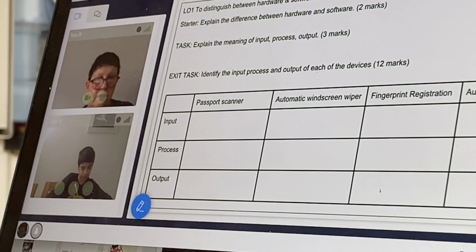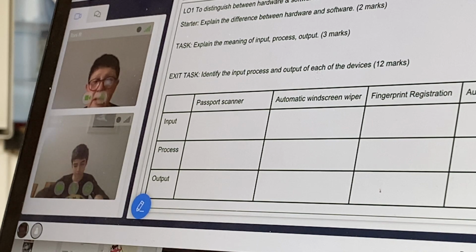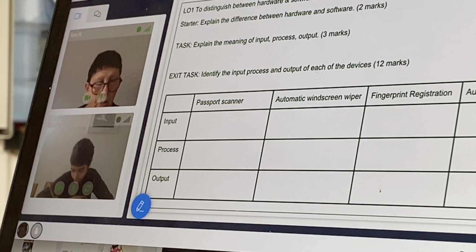Okay, now we need another table which is 5 columns and 4 rows.